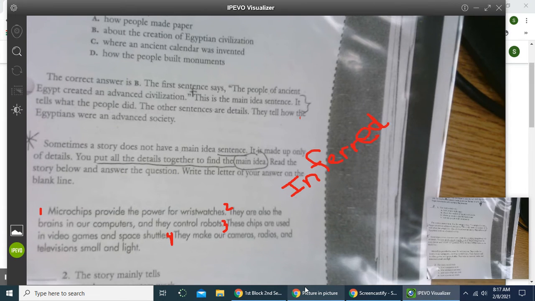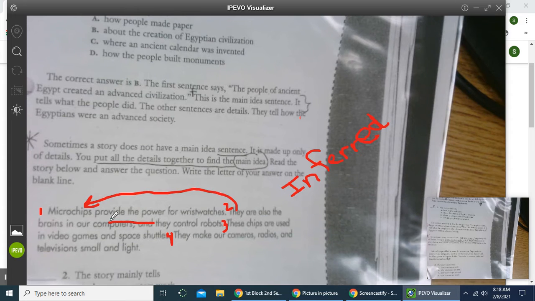If you're reading this little paragraph, it tells you about microchips provide power for wristwatches. They are also brains for our computers. They, going back to microchips, okay? That's where that pronoun goes to. And they control the robots.